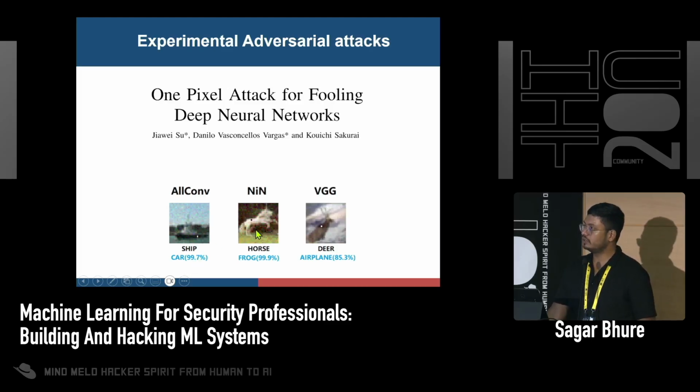Similarly, in the next one, a horse is predicted as a frog with 99.9%. So it just changes one pixel at any location defined by the algorithm, and it will basically misclassify the input image. Similarly for the deer getting predicted as an airplane.